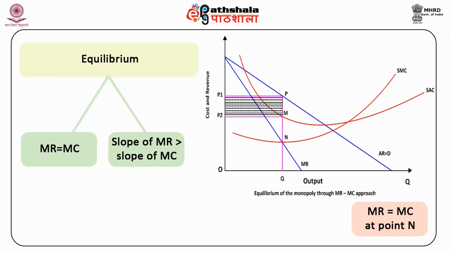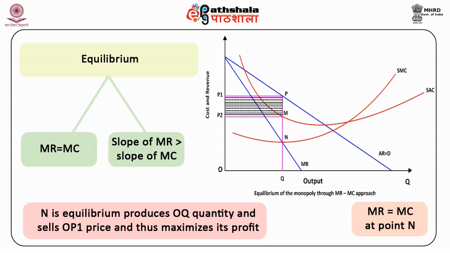MR is equal to MC at point N, which is the profit maximizing point where the firm produces OQ quantity and sells it at OP1 price.